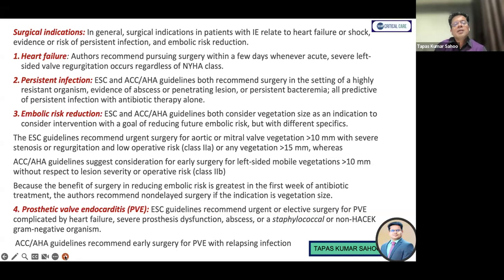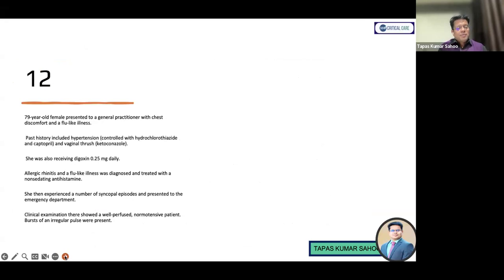Am I clear? Now, question number 12. A 79-year-old female presented to a general practitioner with chest discomfort and flu-like illness. Past history: hypertension, on hydrochlorothiazide and captopril. She also had vaginal thrush, for which she is on ketoconazole, and was receiving digoxin 0.25 milligram daily.